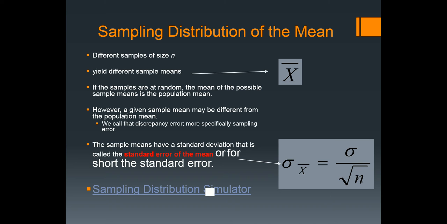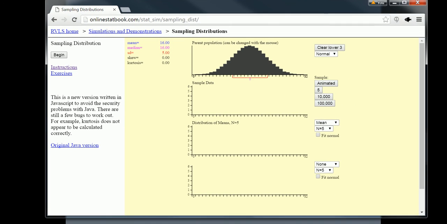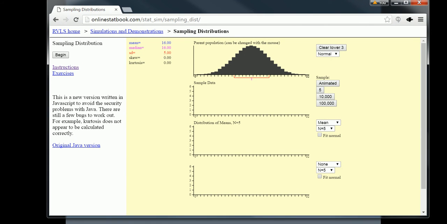Let me see if I can find it. Okay, I found it. I lost it there for a minute.